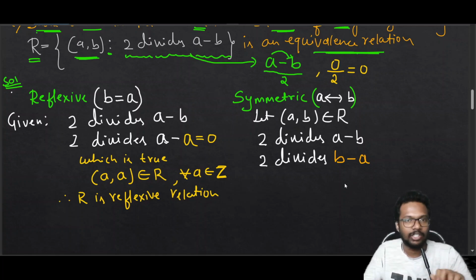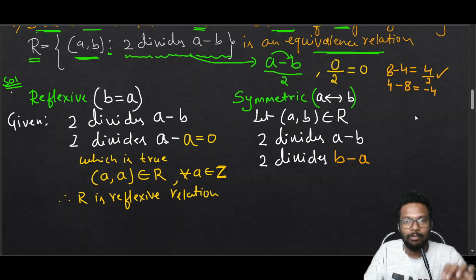Now I have interchanged the values. What will happen if we interchange the two values here? For example, if I consider 8 minus 4, we get an answer 4, and 4 is divisible by 2. If I interchange them, 4 minus 8, we get minus 4.